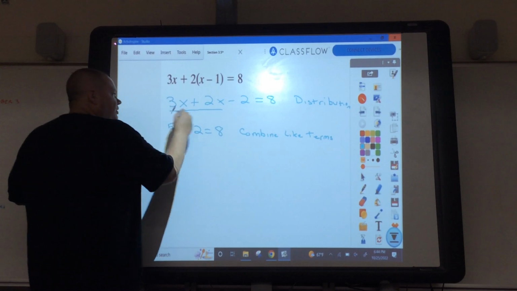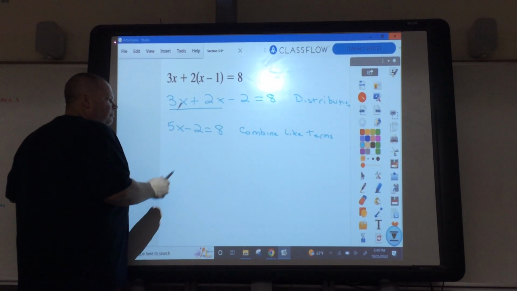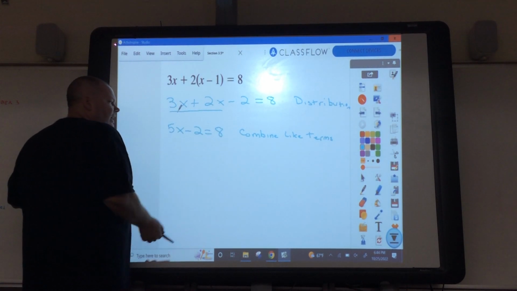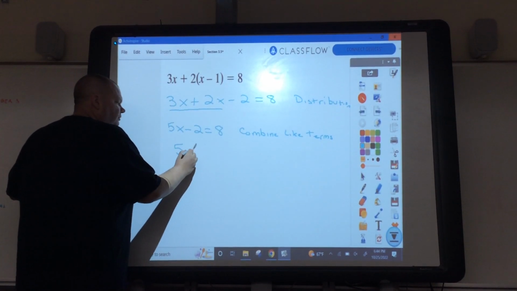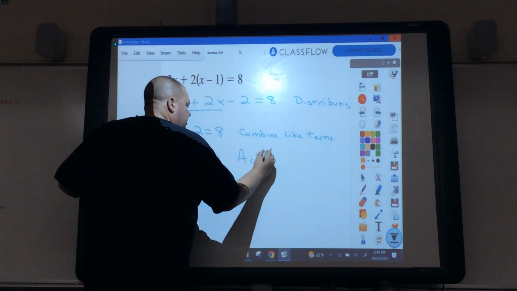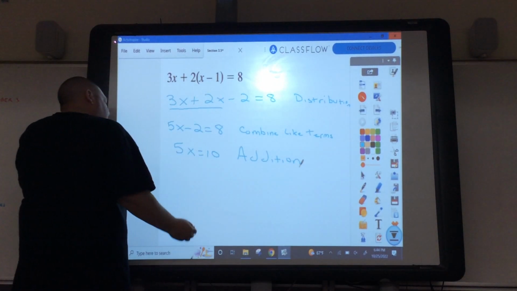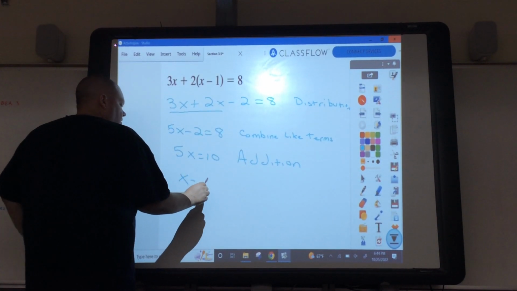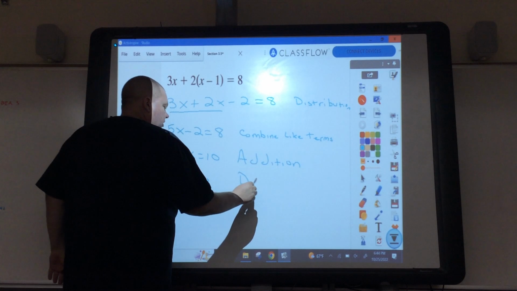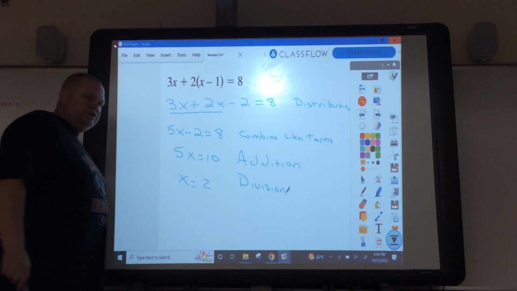Now we need to get the minus 2 to the other side, so we're going to add. So 5x equals 10, and now you can use the addition property. Then we finish off the problem by dividing, and that gives x equals 2. So we have division.